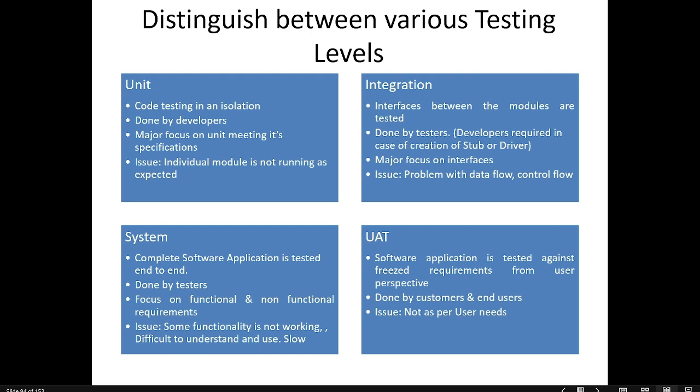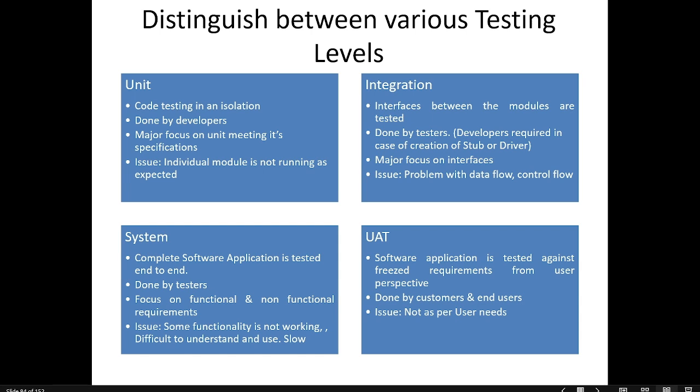Now, we have discussed so many things about the levels. Questions on this may come at the time of interview, like what is the difference, or why these particular levels exist? Answer is here. Unit, integration, system, and UAT. Summarized for you.